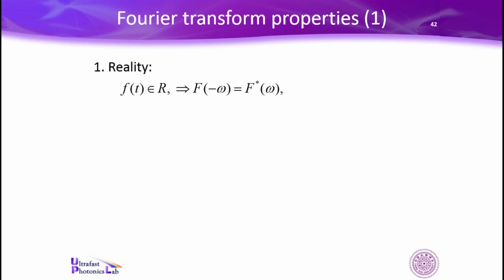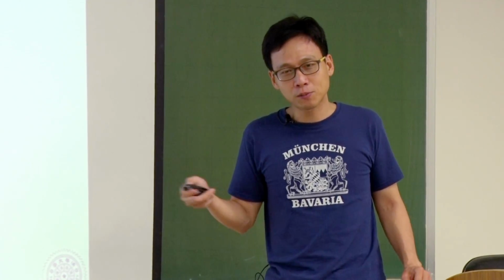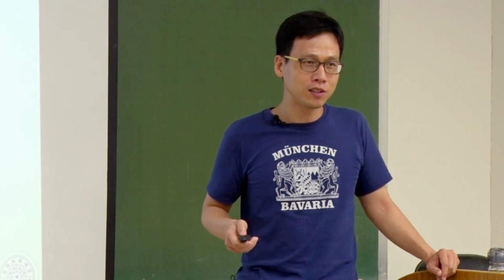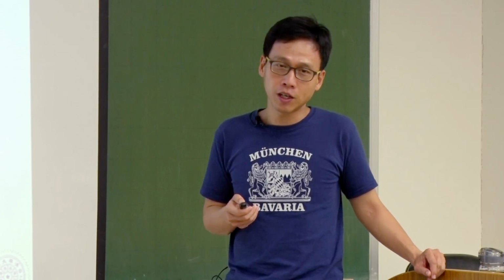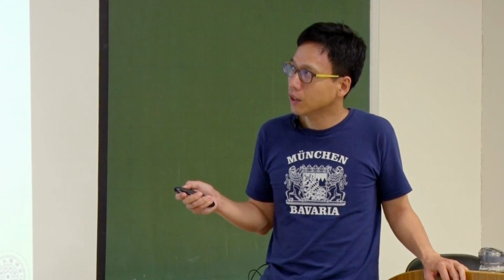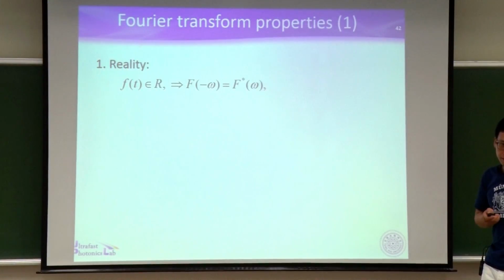Good. Now we can talk about the Fourier transform properties. We will use these properties frequently in this subject, so it's very helpful to review them at the beginning. First, reality.